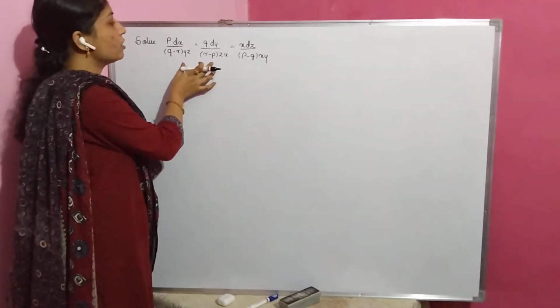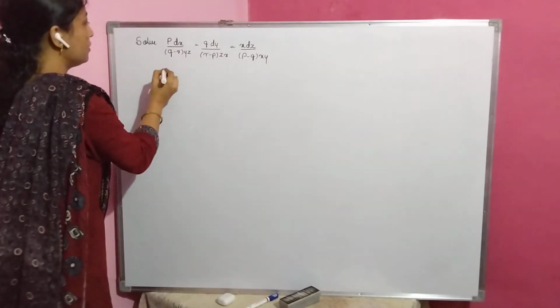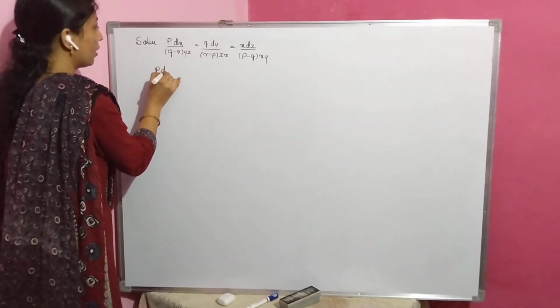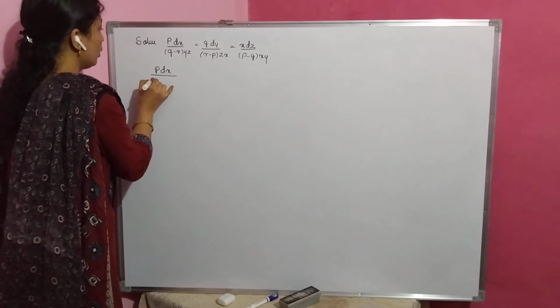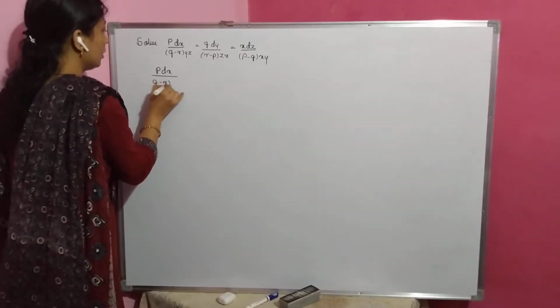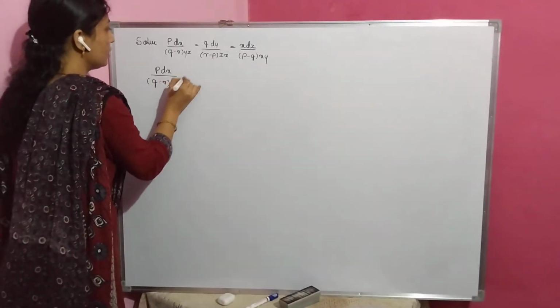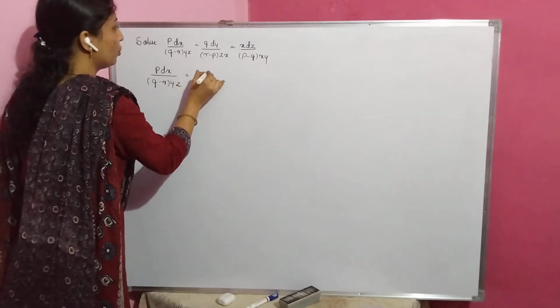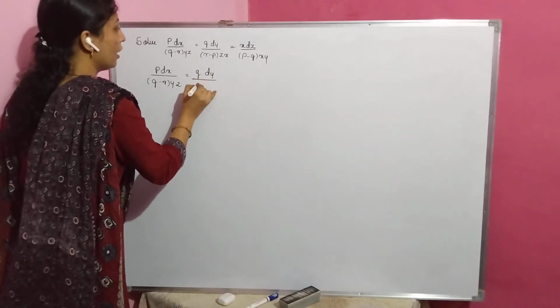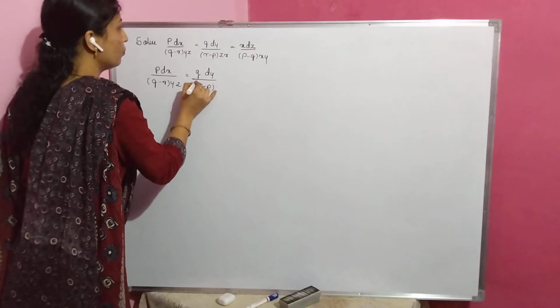So first we have to consider these two pairs, that is P dx divided by Q minus R into YZ is equal to Q into dy divided by R minus P into ZX.